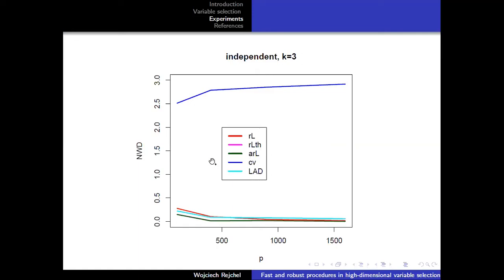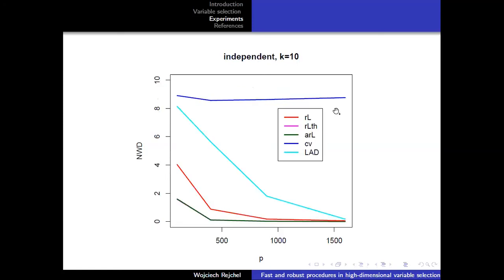So as you can see, for instance, Lasso with cross-validation is not able to select any predictors. It discards all of them, so it makes about 3 mistakes. These robust procedures are much better. They make almost no mistakes.